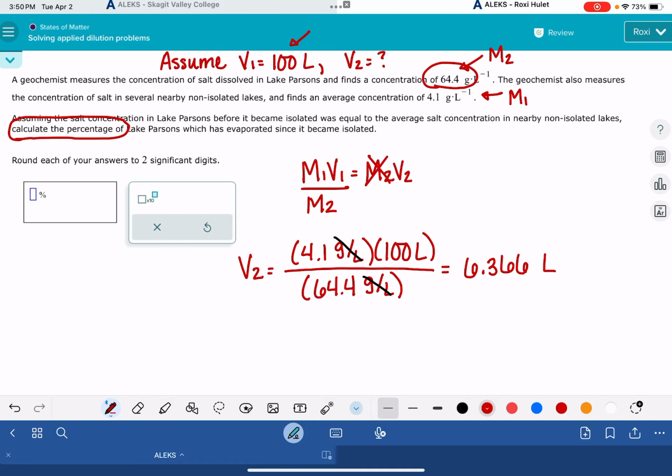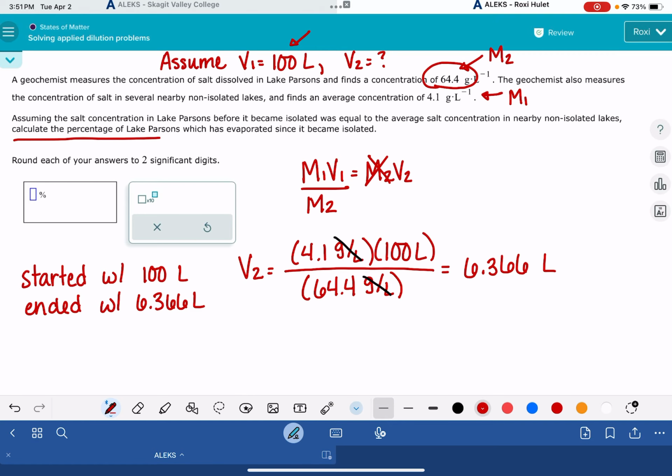So in this imaginary situation that I have created here, I started with 100 liters of water, and then some of it evaporated, and I ended with 6.366 liters of water, and I'm being asked to figure out how much actually evaporated.